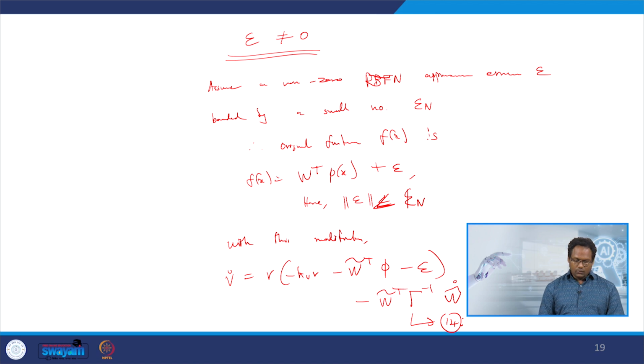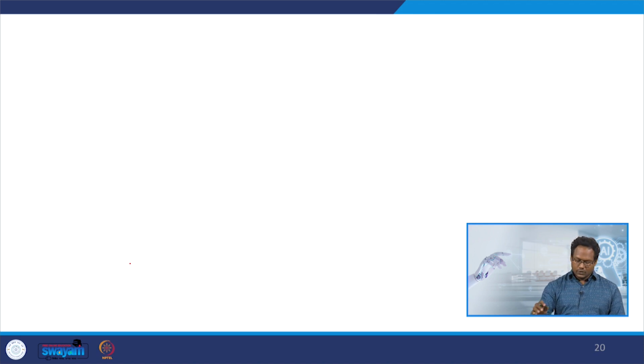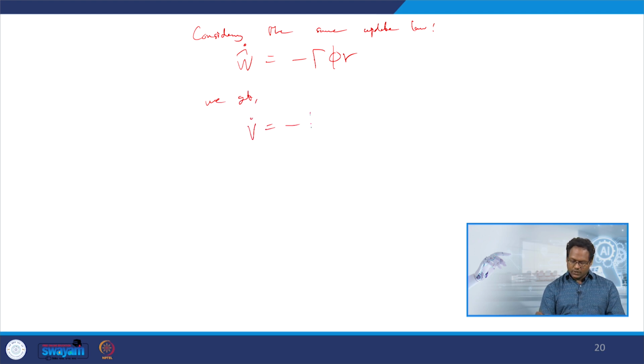Okay. So, now considering the same update law, that is w hat dot equal to minus gamma phi into r, we get V dot equal to minus kV r square minus epsilon into r.